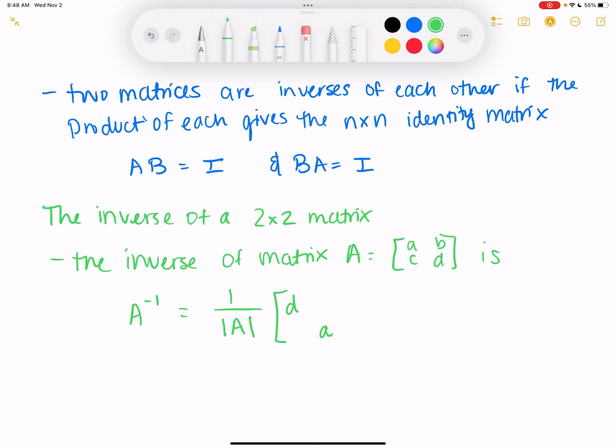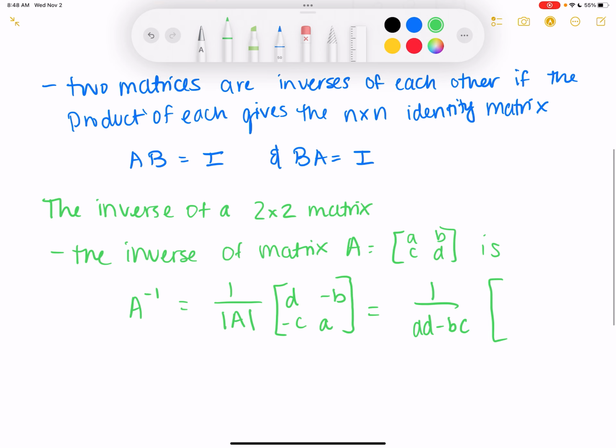So negative B and negative C. The determinant is AD minus BC, so that's what you would have done in the last section. So it's 1 over AD minus BC, times, and then we just copy down the matrix: D, negative B, negative C, A.